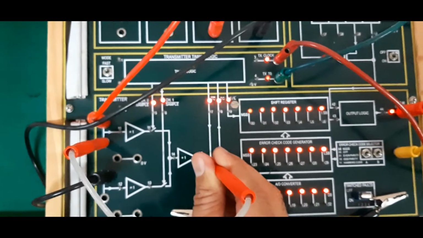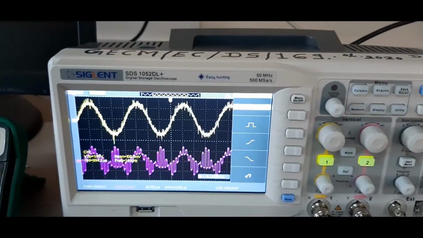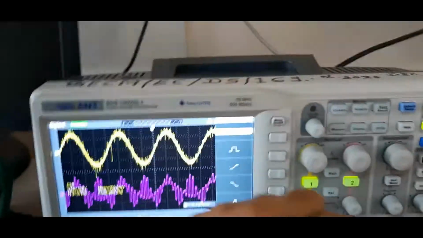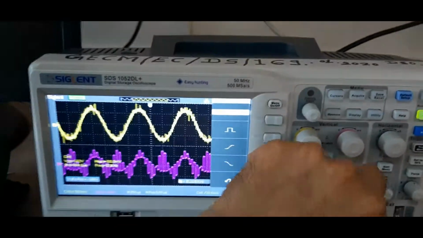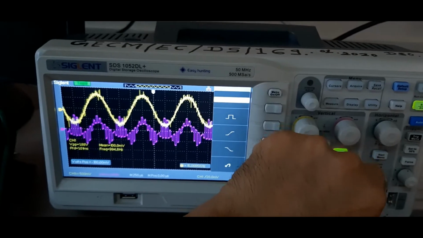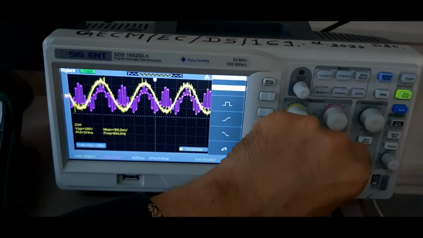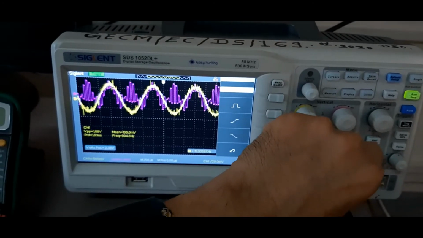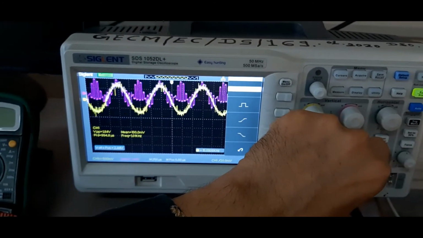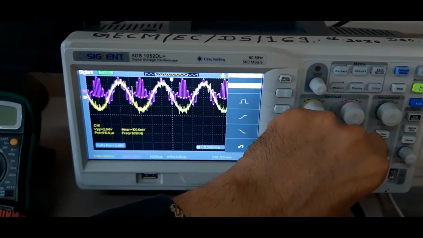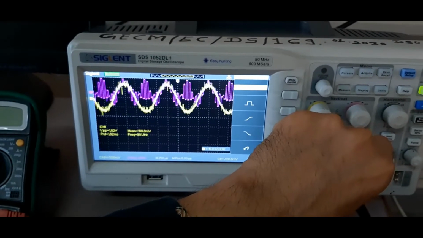So here we can see that there are samples from channel 0 which actually is sampling the 1 kilohertz source.